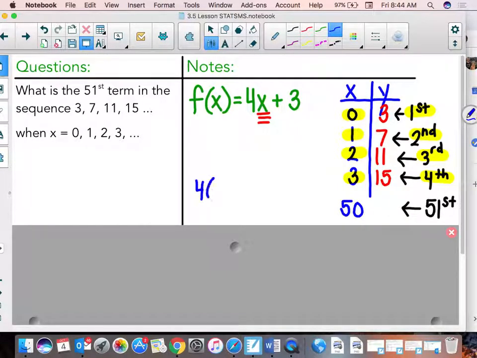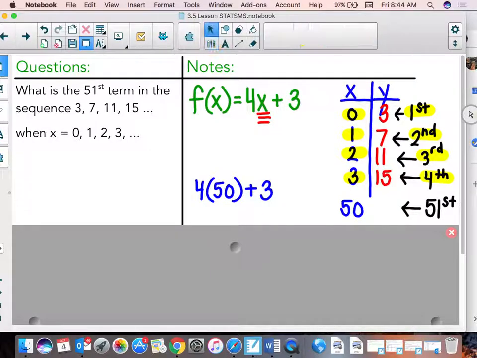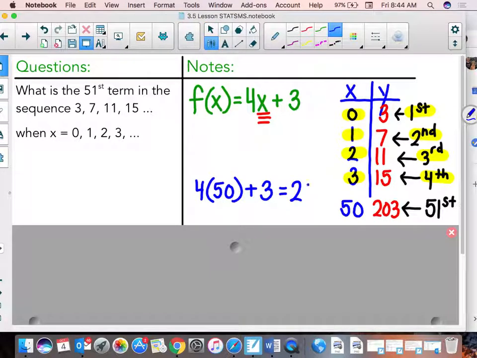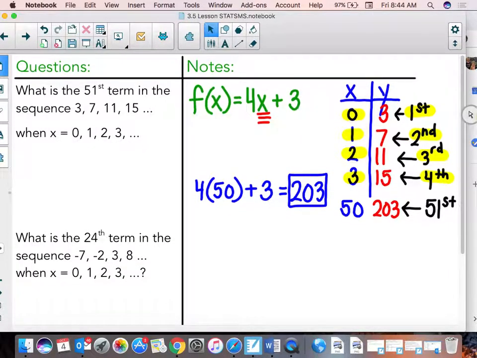So 4 times 50 plus 3 will give me 203. So that answer is 203.